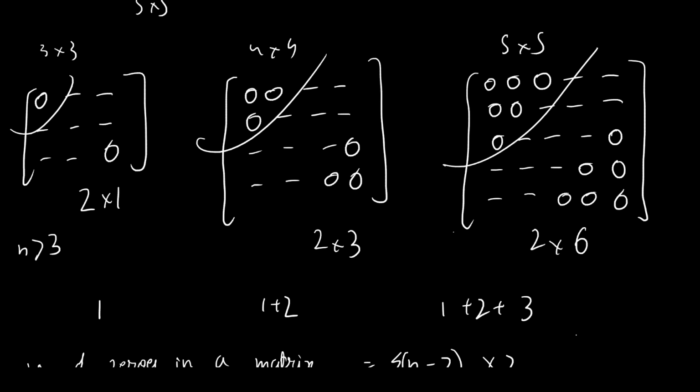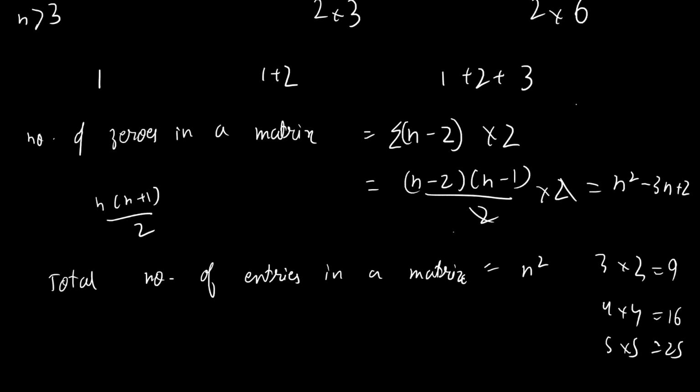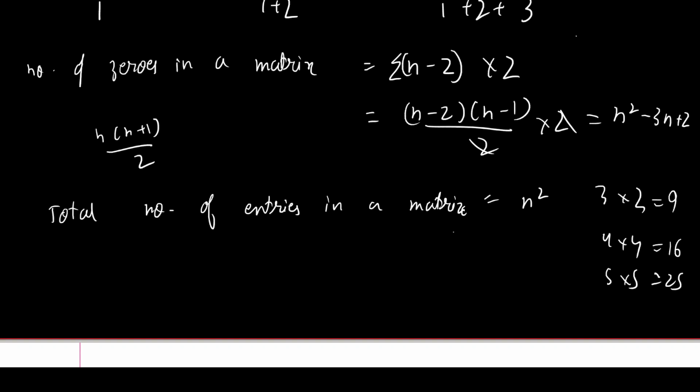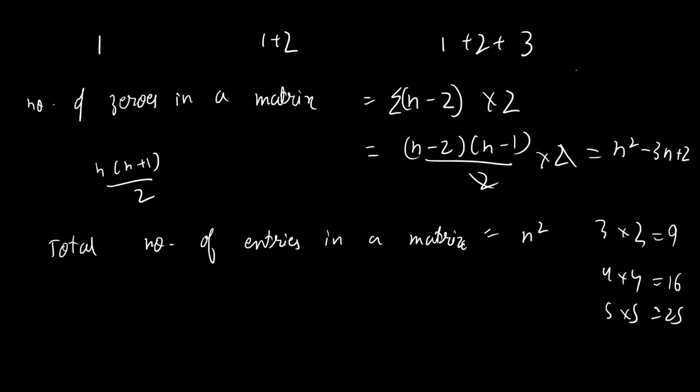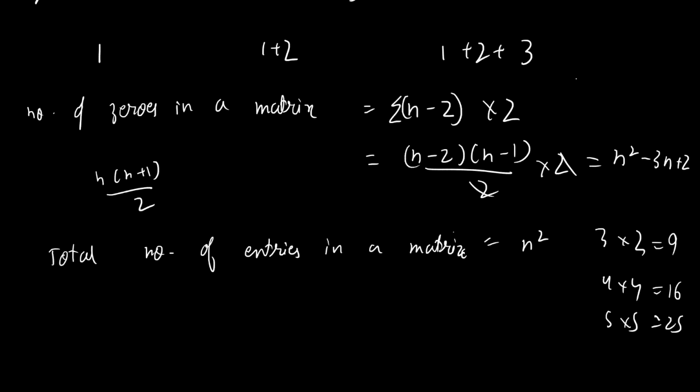Okay, now what? Well, we have got the number of zeros in the matrix that we definitely don't want to store. We got the total number of entries in the matrix, that is n square. So what will be the size of the 1D array? In this 1D array, we won't be storing zeros. We will only be storing non-zero entries.